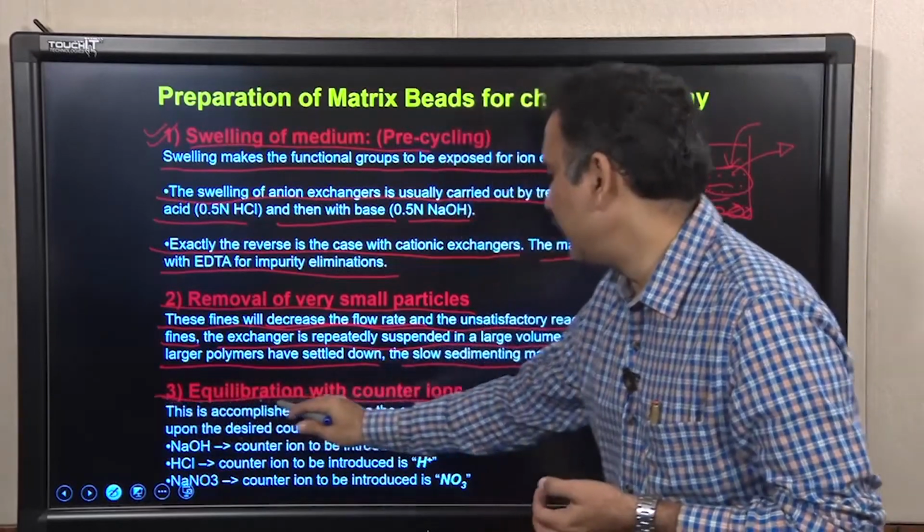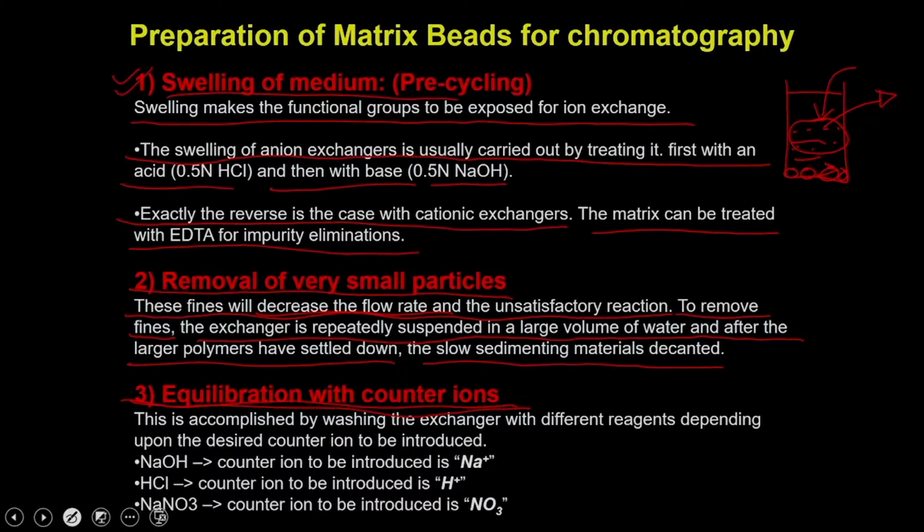Then you have to equilibrate the matrix with the counter ions. This is important because, whether it is an anion exchange matrix or a cation exchange matrix, it should have bound counter ions. You perform processes like NaOH treatment to provide the counter ion, which means when you treat with NaOH, it introduces the counter ion, the sodium, and so on.